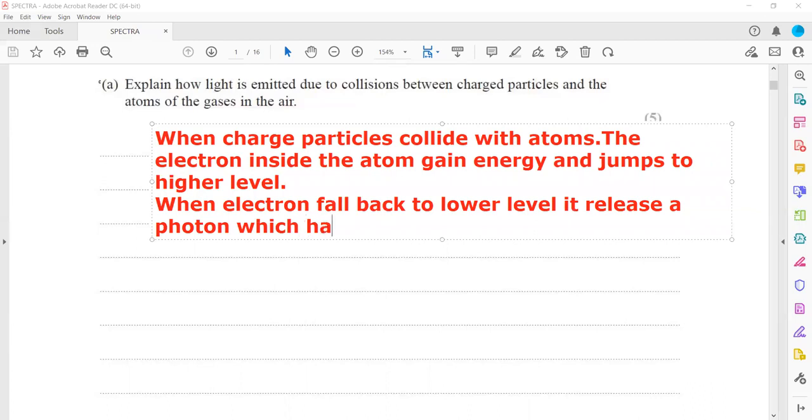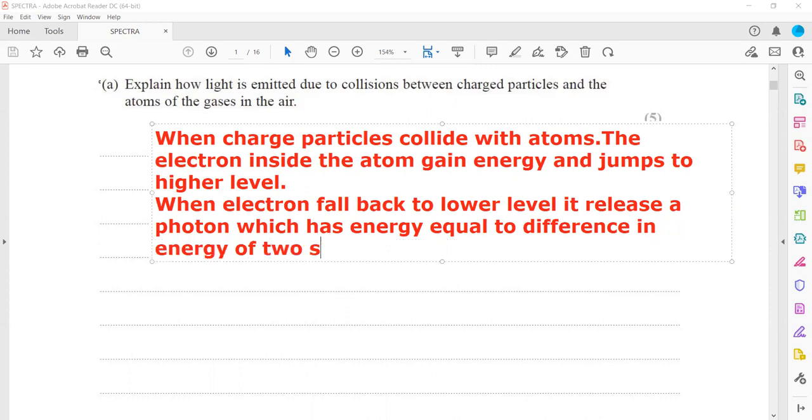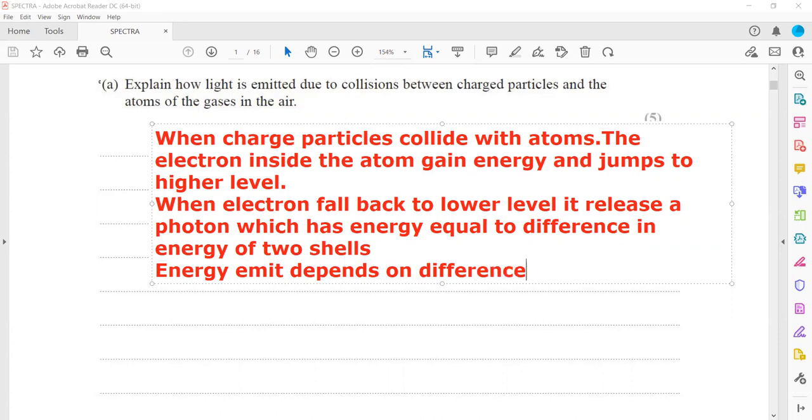which has energy equal to the difference in energy of the two shells, and the energy emitted depends on the difference in the levels.